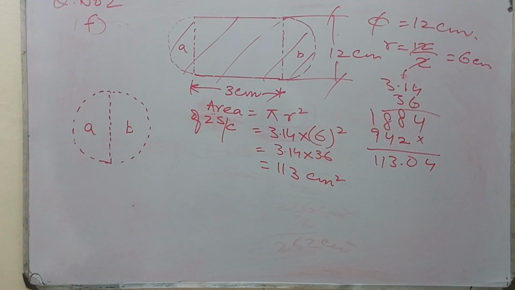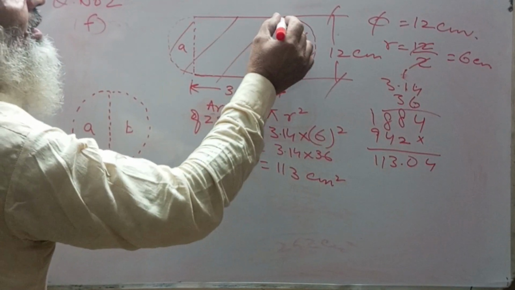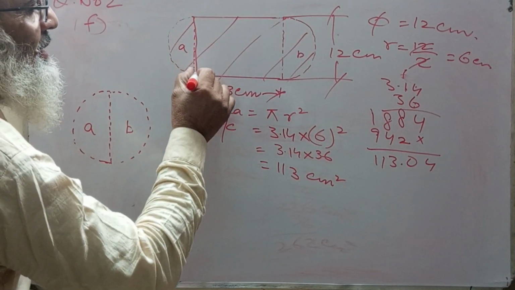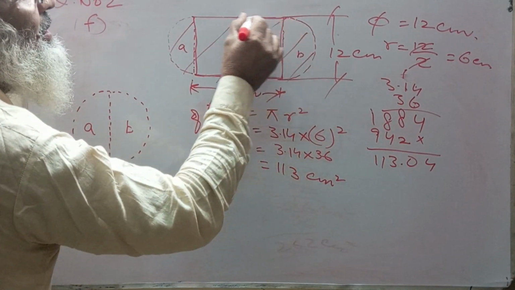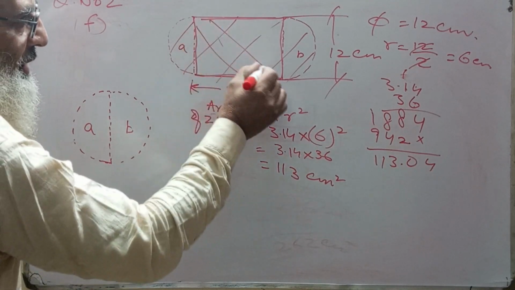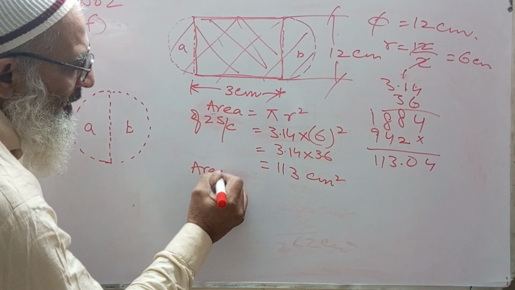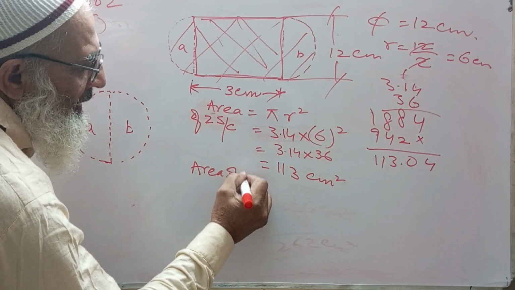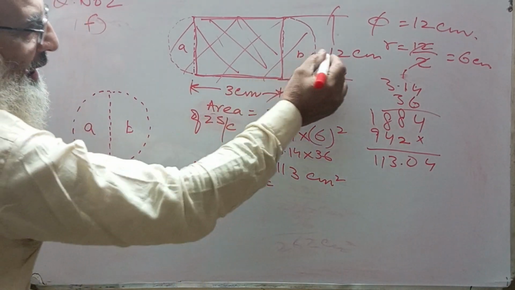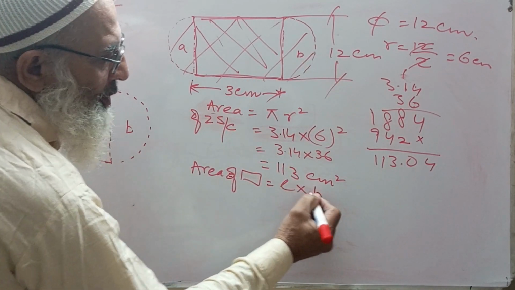Now what is left? The area of this rectangle, only the area of this rectangle. The area of a rectangle is equal to length into breadth.